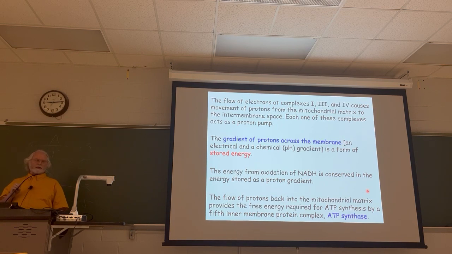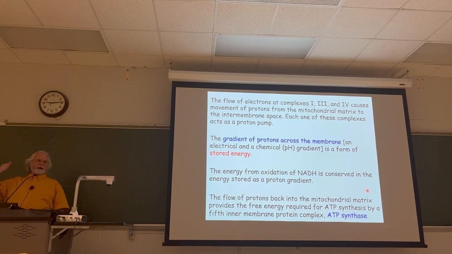You can think of that proton gradient as something like energy stored, like water stored behind a dam. There's a high concentration of protons now in the inner membrane space and a lower concentration of protons in the matrix. And the flow of those protons back into the matrix is what provides the energy for ATP synthesis. That's done by a fifth membrane protein complex called ATP synthase, which is complex 5.